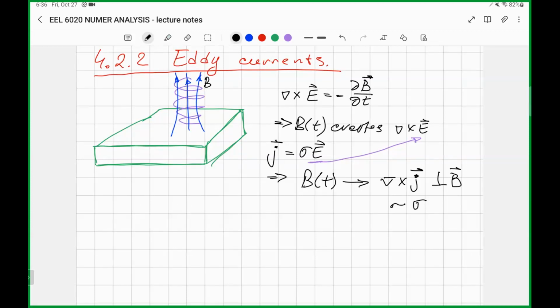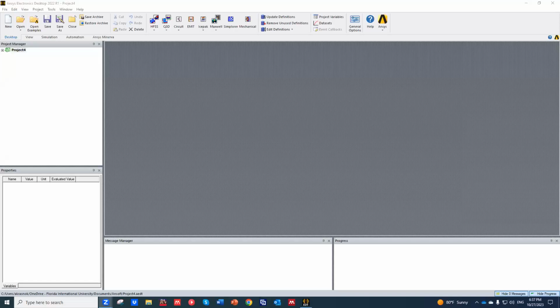Let me launch the ANSYS and share my screen. Okay. So guys, do you see the window, this ANSYS HFSS electronic desktop? All right.